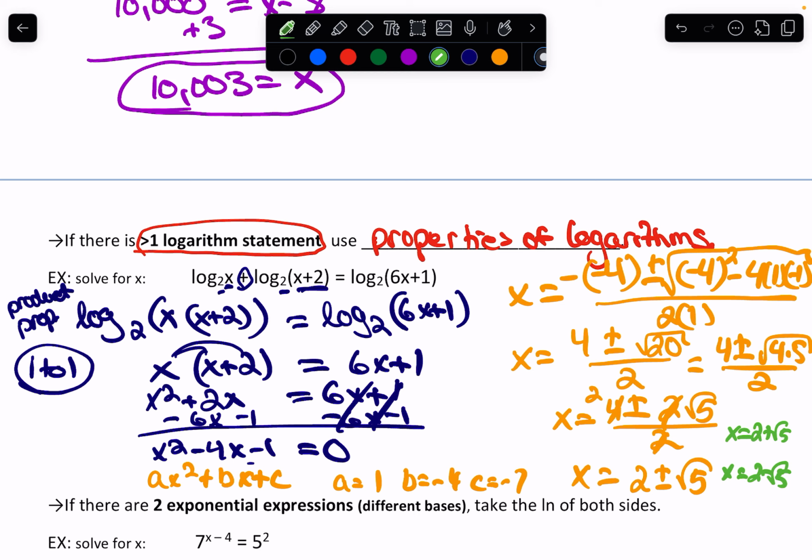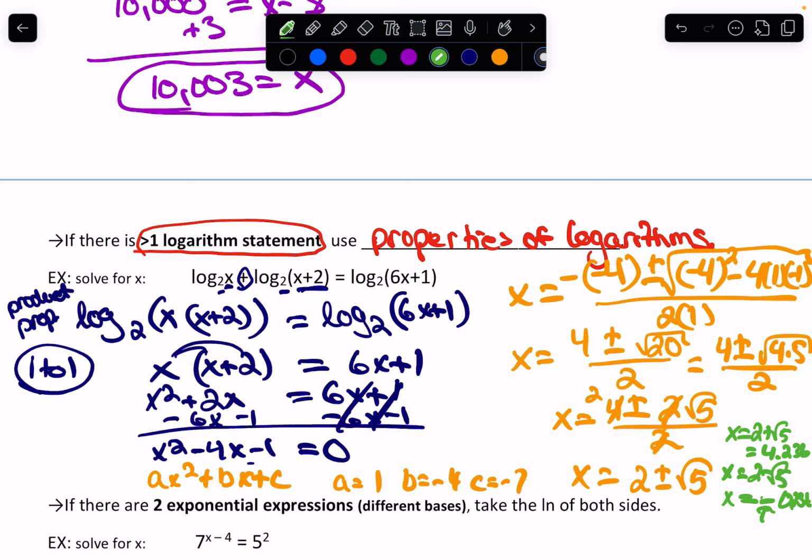So when we do the calculations, 2 plus square root of 5, we get 4.236. 2 minus square root of 5 is going to be negative 0.236. We can't use this answer because we can't have a negative as a log.